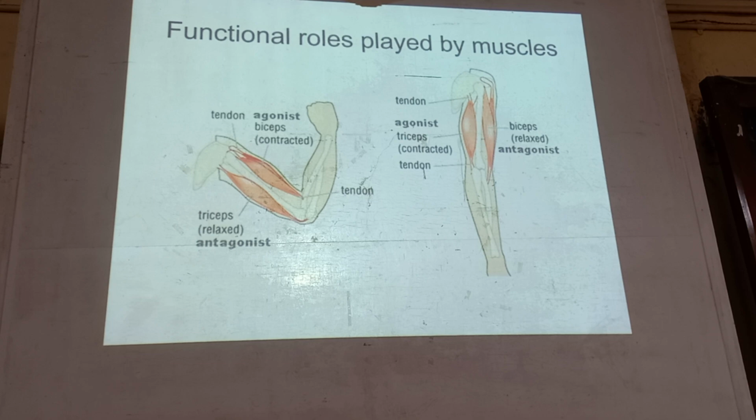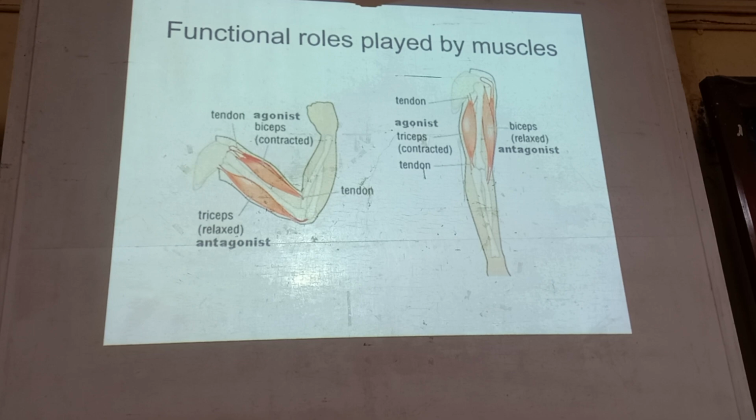Okay? So now, you are lifting up a glass of water to drink. Which muscle is responsible? Which muscle is the prime mover? Correct answer is brachialis. If biceps were to contract, the glass will supinate and the water will spill out.